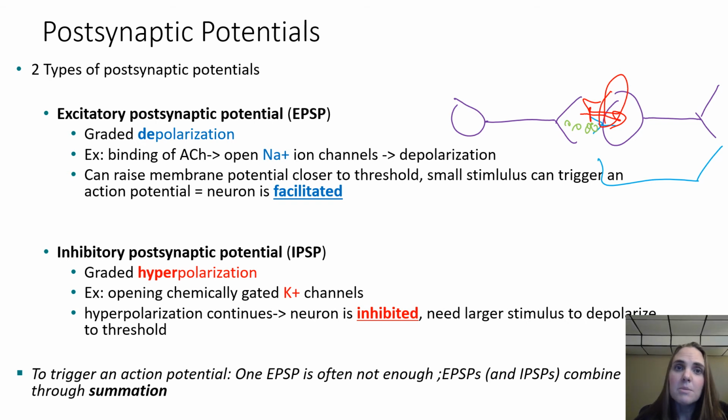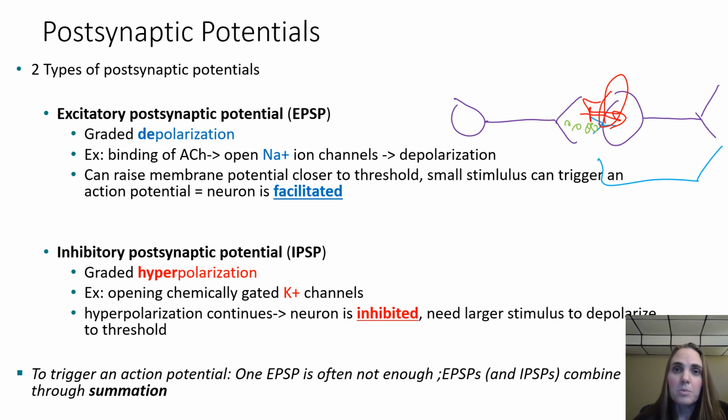Conversely, we have inhibitory postsynaptic potentials. With an inhibitory postsynaptic potential, we get a graded hyperpolarization of the postsynaptic membrane. Remember, hyperpolarization is moving to a more negative value, so we're moving away from the threshold that we're trying to reach to generate an action potential. An example of this would be the opening of chemically gated potassium channels.